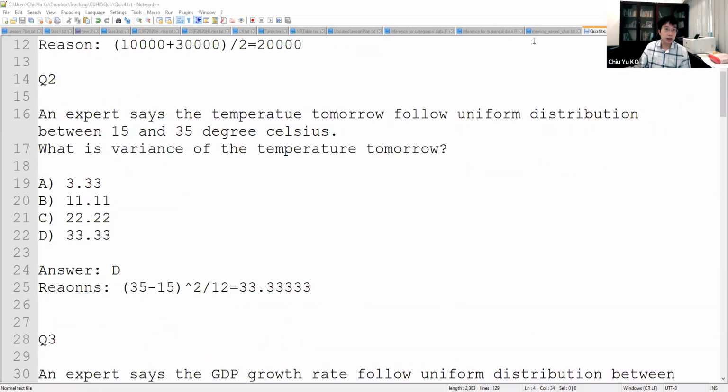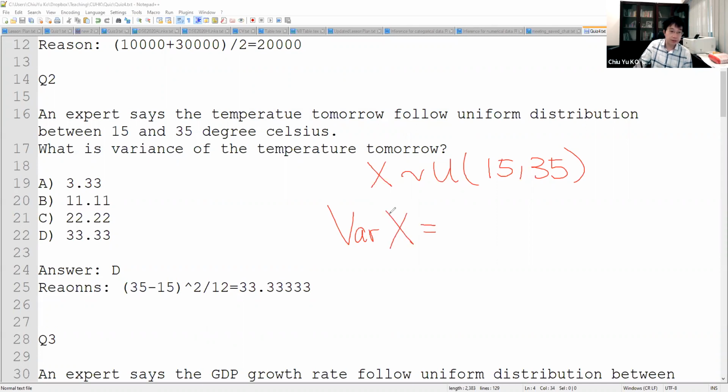Second question is very similar, but instead of asking for the mean, it is asking for the variance. Okay, so it's a uniform between 15 and 35. Okay, so the question is asking what is the variance of X, right? We know if X is uniform A and B, then the variance is B minus A squared over 12.